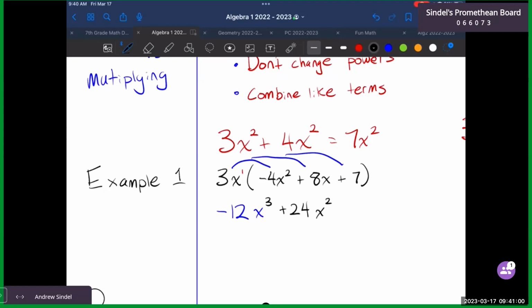So why do we get 2? There's a hidden one on that x up there. Exactly. Good. Plus 21x. Plus 21x to the power of what? Nothing. Well, technically one, but you don't write it. Guys, see, we're too smart for this. You have good teachers. I don't know. Good job. Maybe we did learn something.